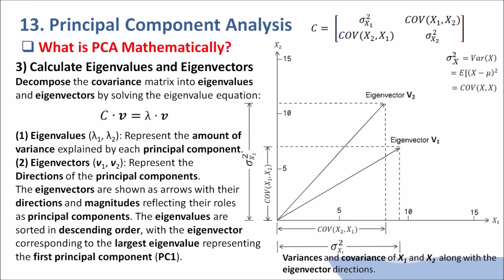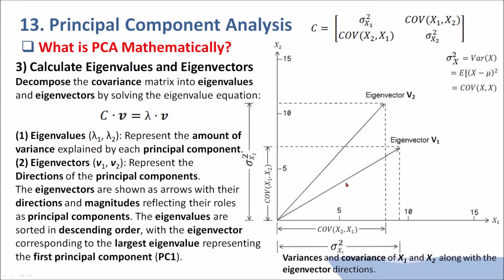Later we will see that these endpoints of the eigenvectors are very important because we use them soon. Therefore, the variances and covariances of x1 and x2 are along the eigenvector direction. This is the relationship between these 4 elements and between the eigenvalues and the eigenvectors.